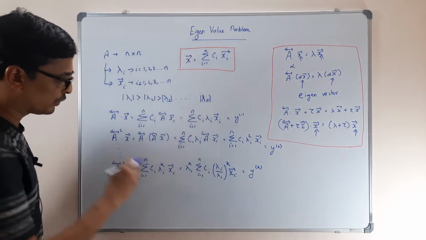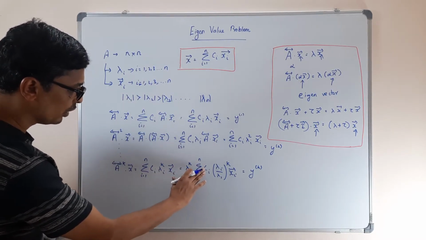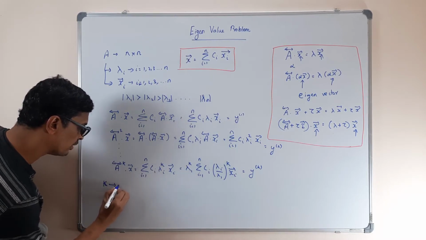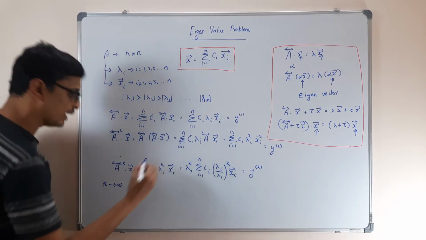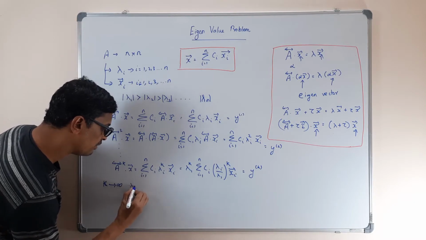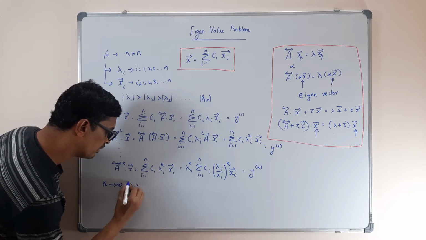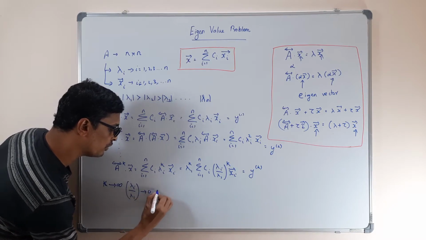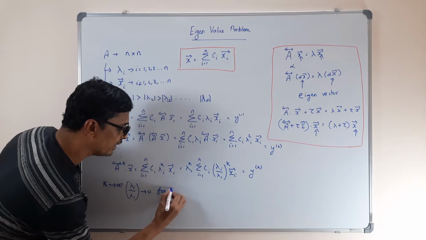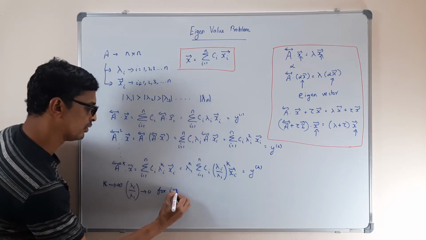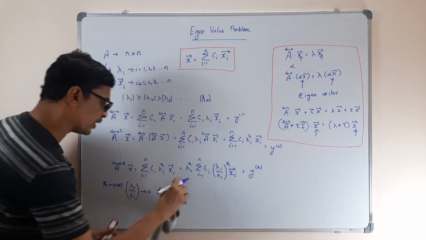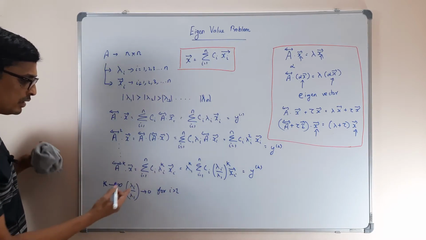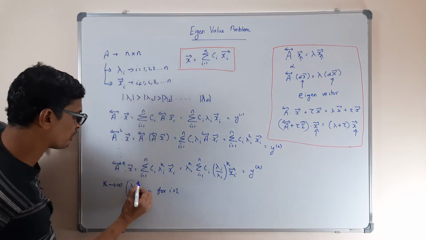Now as k tends to infinity, lambda i by lambda 1 becomes 0 for i greater than 1, because lambda 1 is larger and the ratio is raised to the power of k.